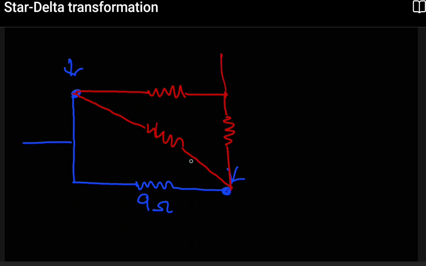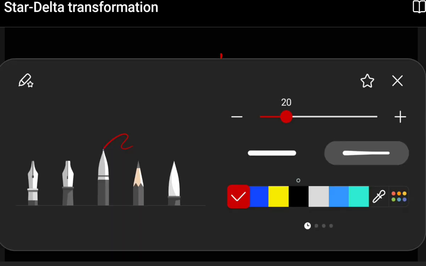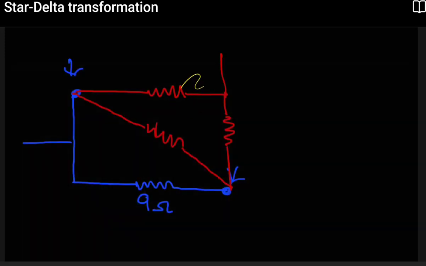Now in place of this, what we are replacing it with is our star, which has the same effect as the delta. So in place of this, here we have a node. Along that node, of course, we have RB. And then from here, we had another line coming towards this point.